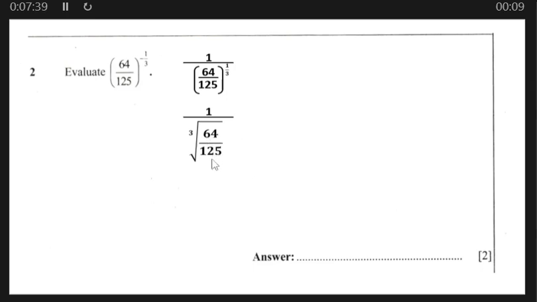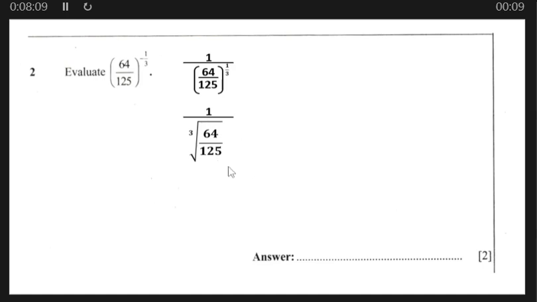And also a cube root for 125 is a number that we can multiply by itself 3 times to get 125. So the number that we can multiply by itself 3 times to get 64 is definitely 4. Again here, the number that we can multiply by itself to get 125 is 5.